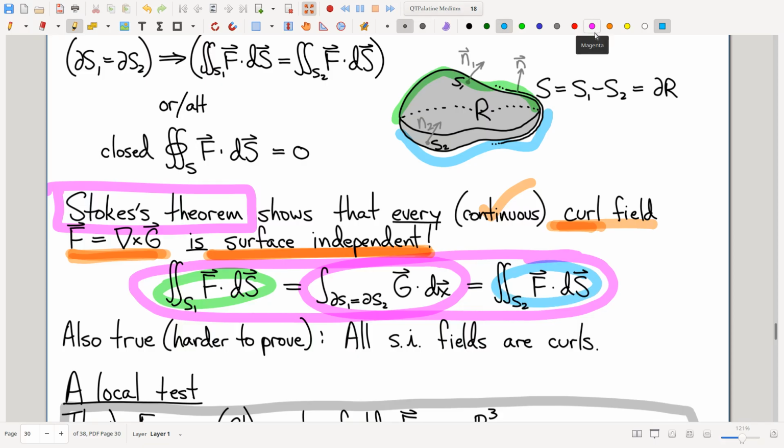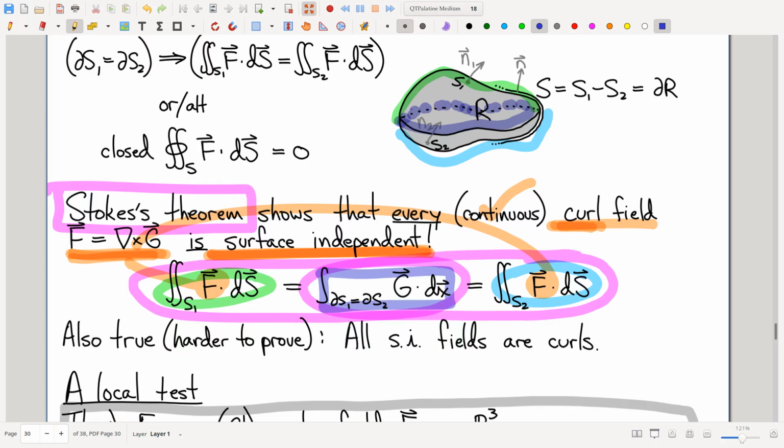Stokes' theorem says that if your integrand is a curl, then you can compute the flux of the curl by a line integral around the boundary of what you might call the anti-curl, right? So a boundary line integral of the anti-curl.